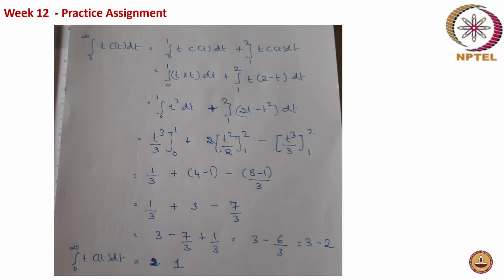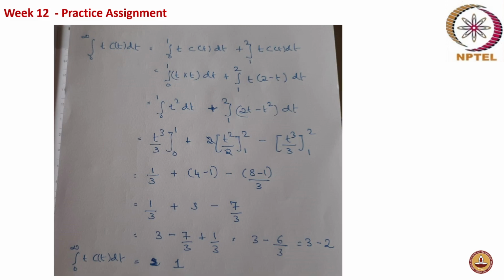So you have two expressions: for 0 to 1, C of t is t, and for 1 to 2, C of t is equal to 2 minus t.